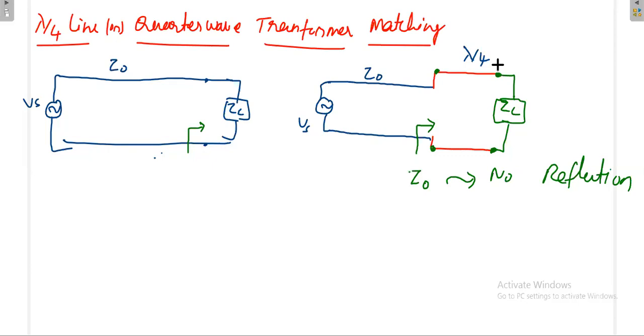Any idea? See, I take the lambda by 4 line with characteristic impedance, say, Z0 dash.